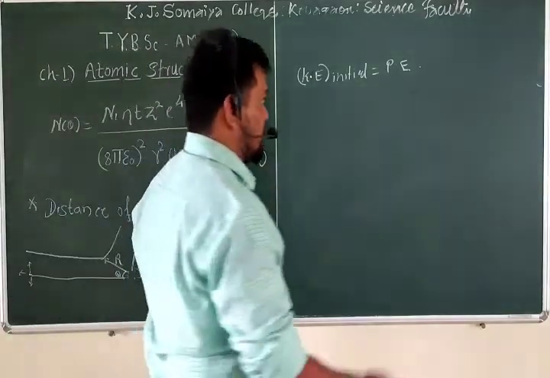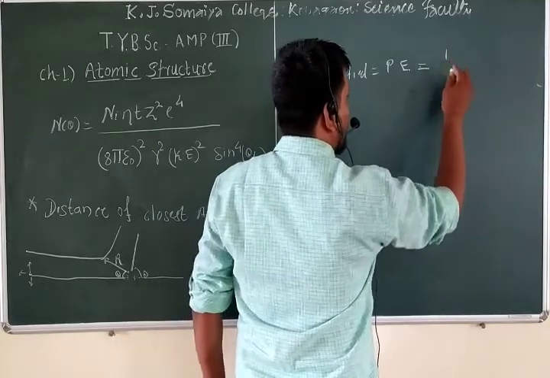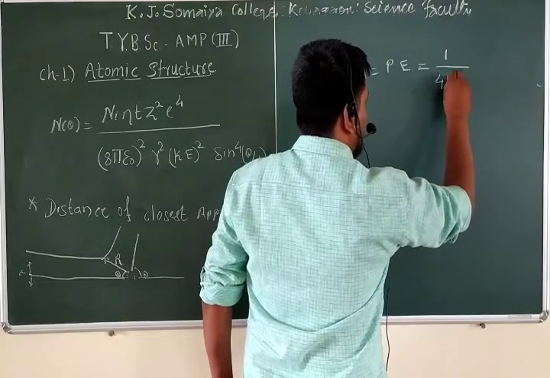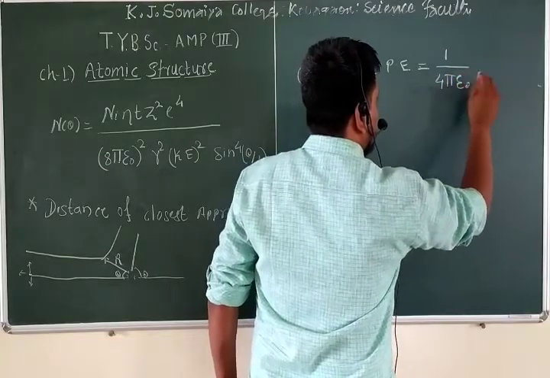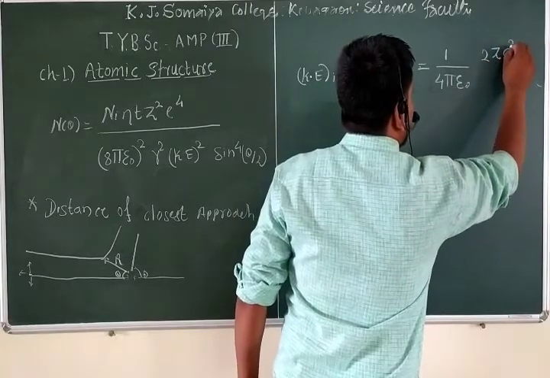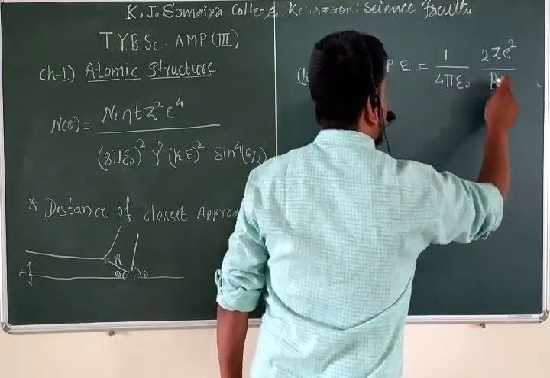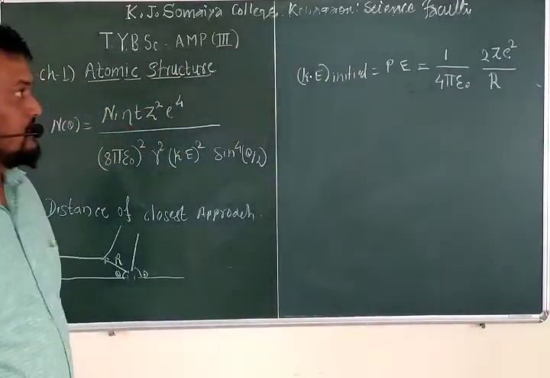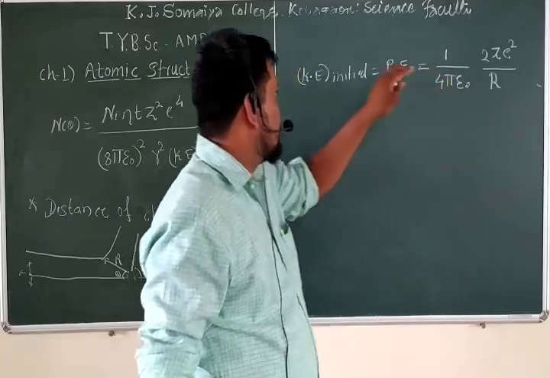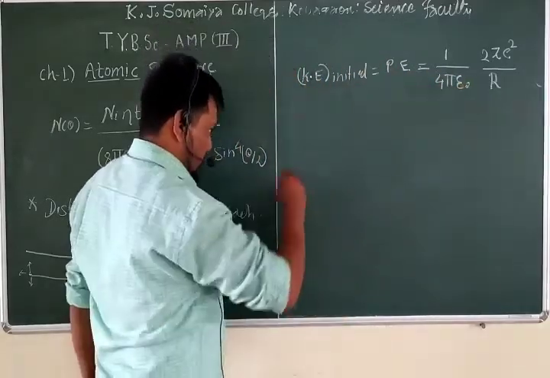So K = (1/4π ε₀) × 2Ze²/r. This is the closest approach distance, r.